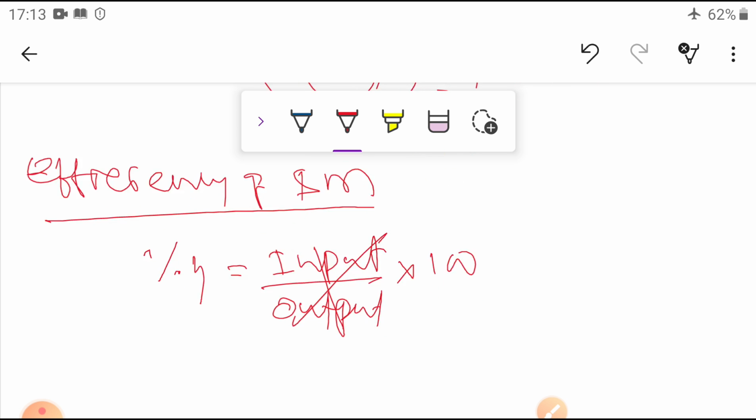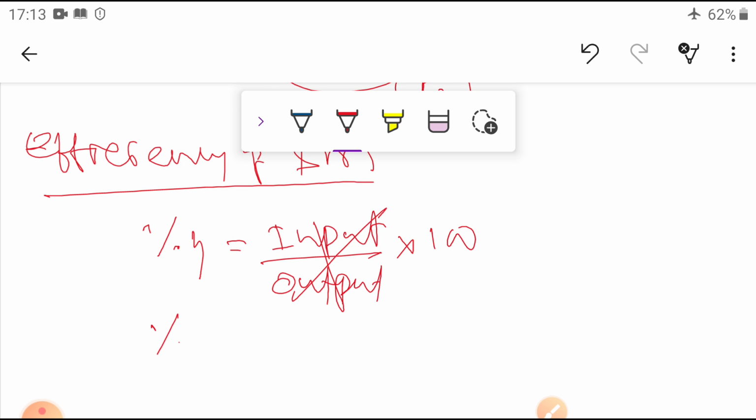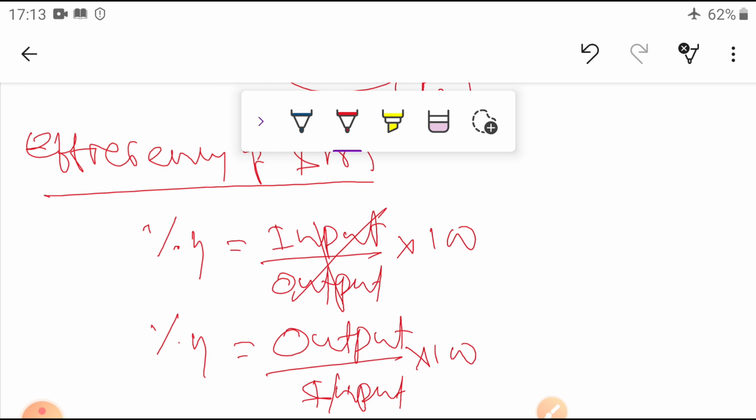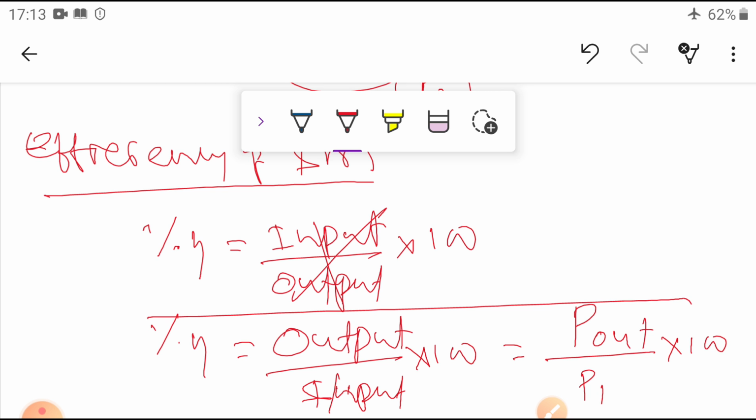What is the efficiency? Percentage efficiency is equal to output by input into 100. The output here is P out, and the input is P1, into 100. So this is the percentage efficiency of the induction motor.